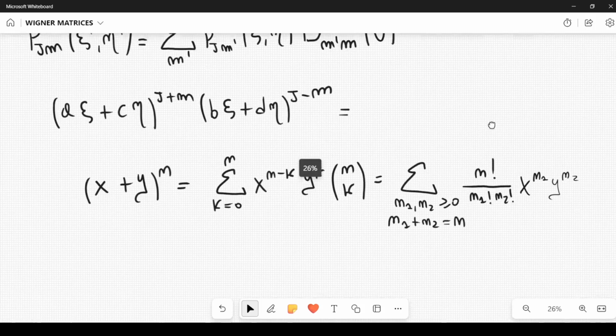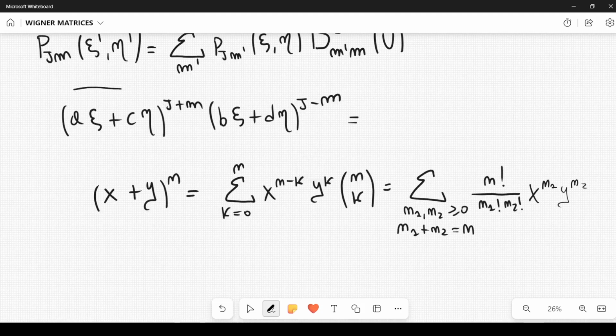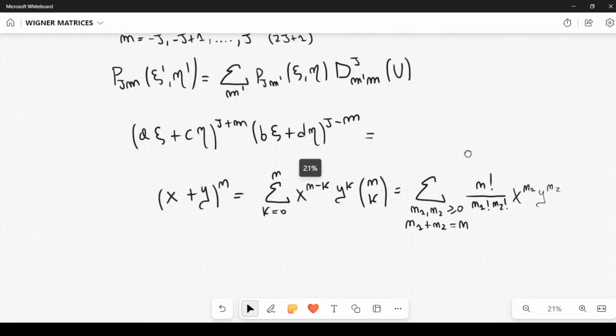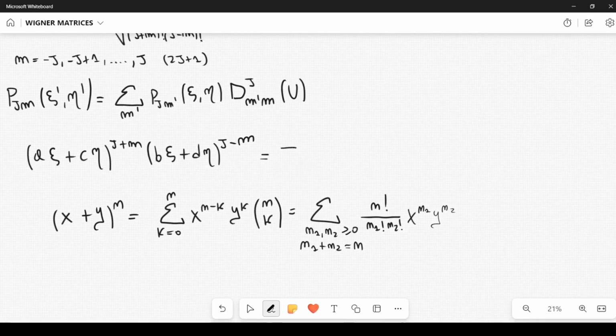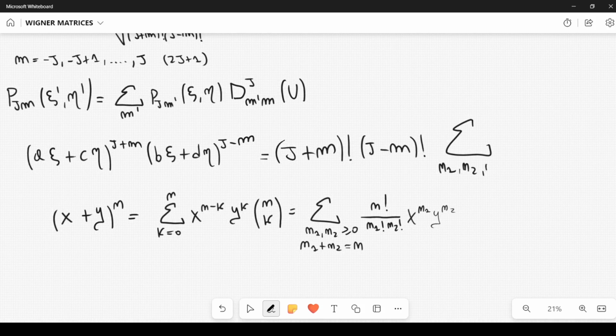I want to use exactly this formula in here, so I have to expand this, and I also have to expand this. So let me zoom out a little bit. I have j plus m factorial that I can factor out, j minus m factorial, and then I have a summation over n1, n2, n3, n4, all greater than or equal to 0, and then we have to satisfy some constraints, in particular n1 plus n2 equal to j plus m, and n3 plus n4 equal to j minus m.